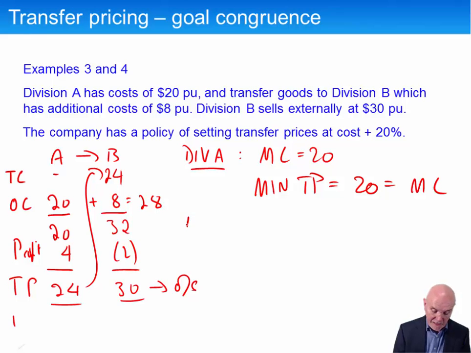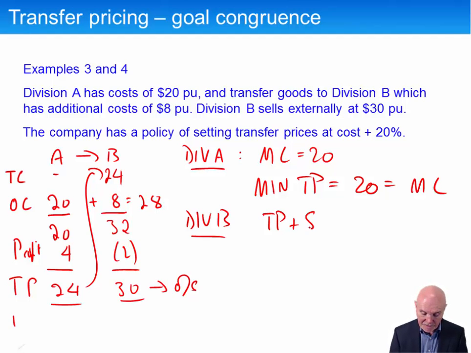Let's look at division B. So what we have in division B sees, well, two ways of doing it. Let's say on the cost side we have the transfer in price, plus we have own cost of 8. So that's every unit that B processes, buys in and processes, costed the transfer price plus 8. And for that, B can get 30 maximum from the outside customers.